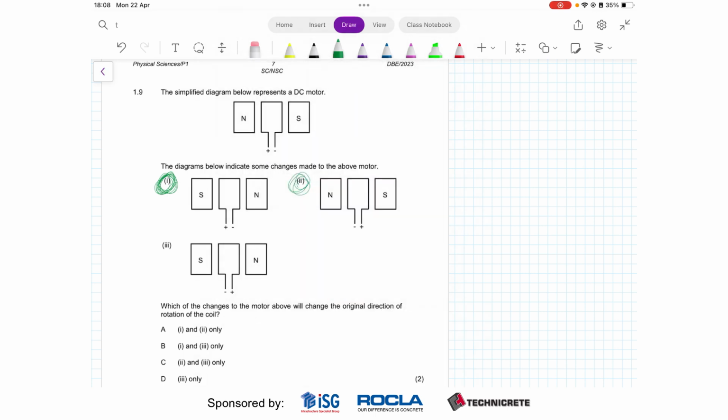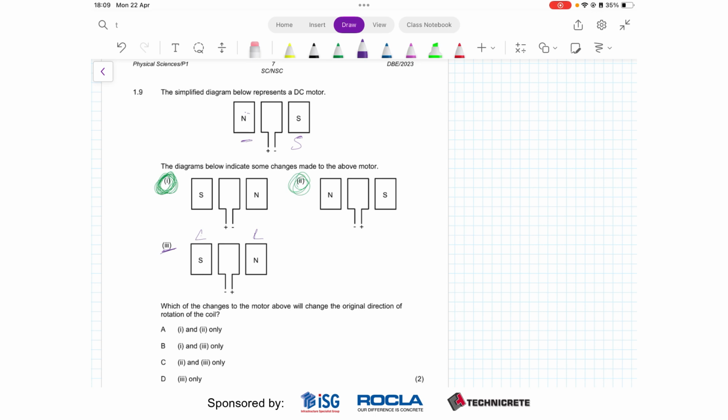Now, if you look at number 3, however, you have changed the magnets themselves. The south magnet is no longer on the right, but it's now on the left, and the north magnet is now on the right.